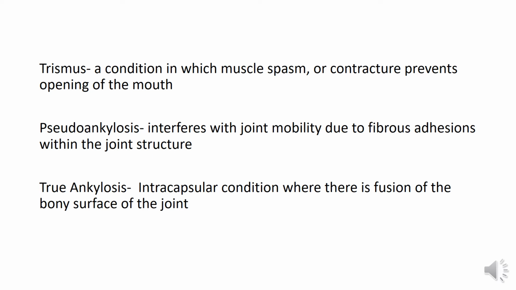Whereas pseudoankylosis interferes with joint mobility due to fibrous adhesions within the joint structure. True ankylosis of the temporomandibular joint is an intracapsular condition where there is fusion of the bony surfaces of the joint, so the patient will not be able to open the mouth, and absolutely no movement of the TMJ will be felt when we palpate.